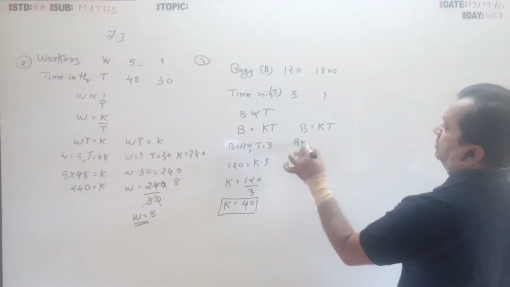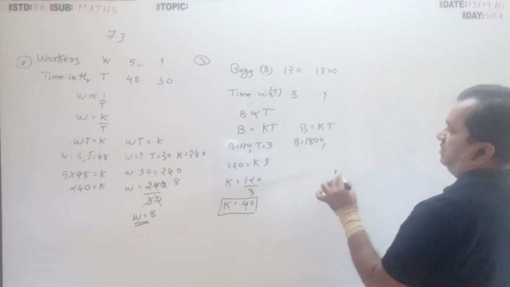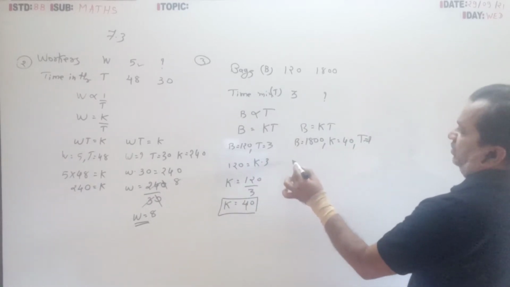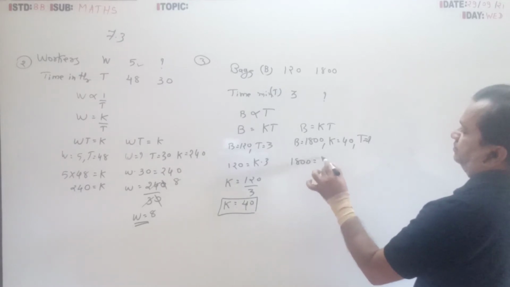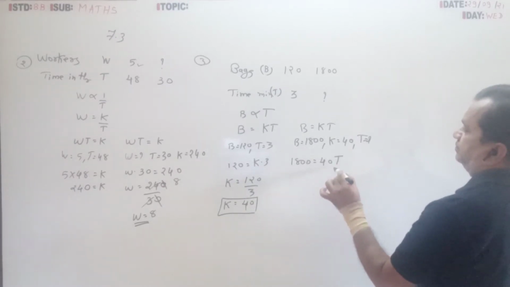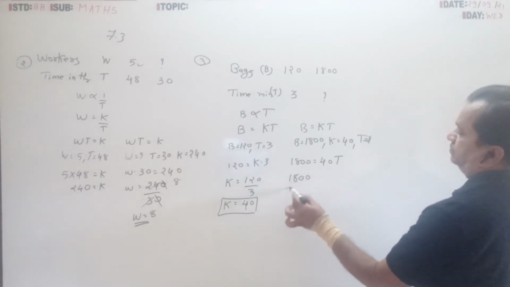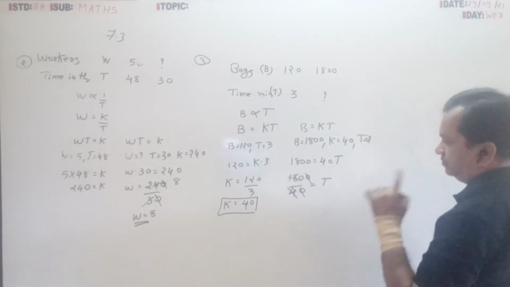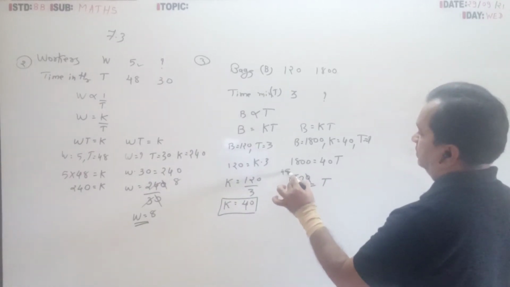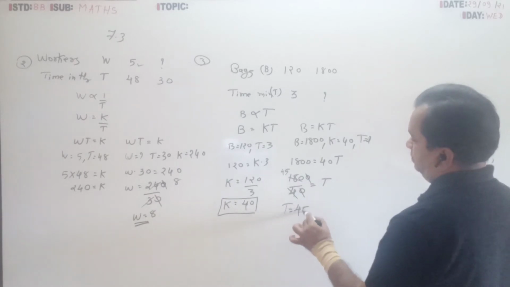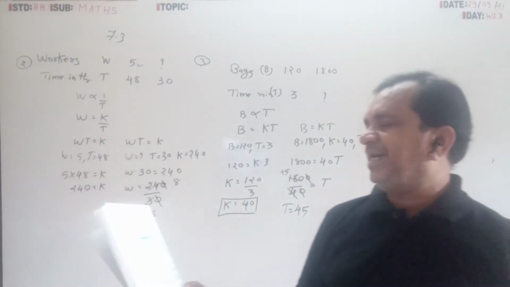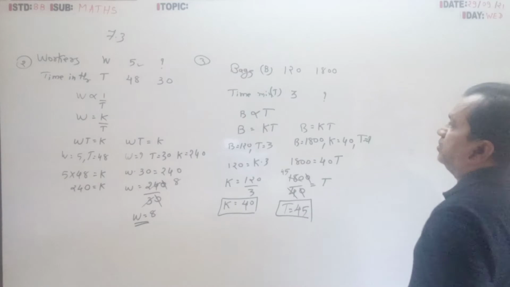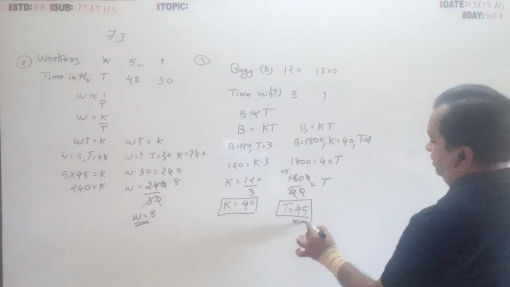B is given, K is 40, T is the question. In this first question I have not done because it is cancelled under the 25% reduced syllabus. So the time required is 45 minutes.